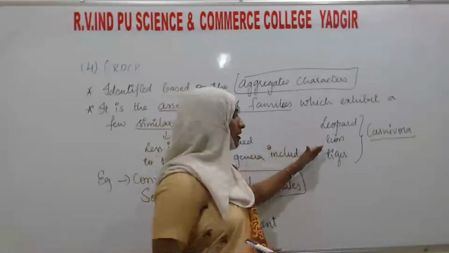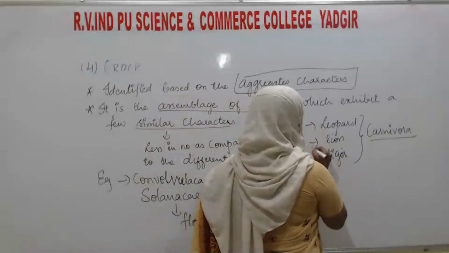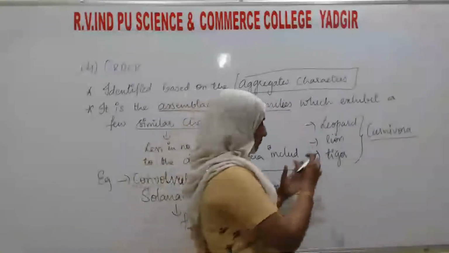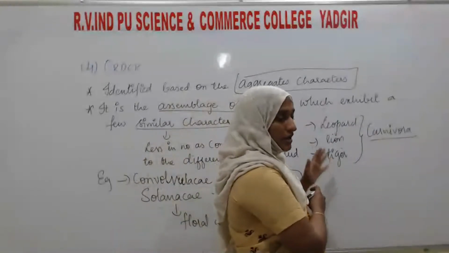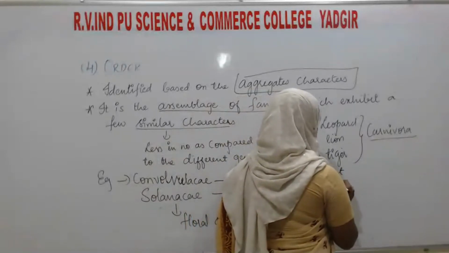Along with leopard, lion and tiger, some more families will come under the Carnivora, that is cat and dog.